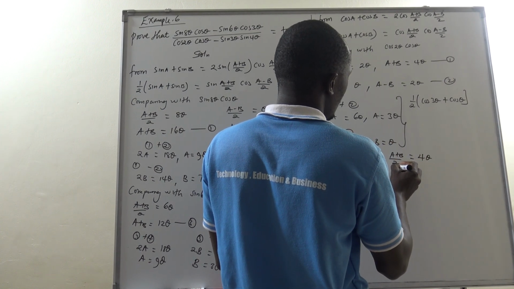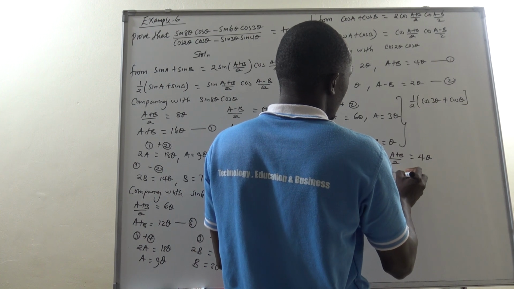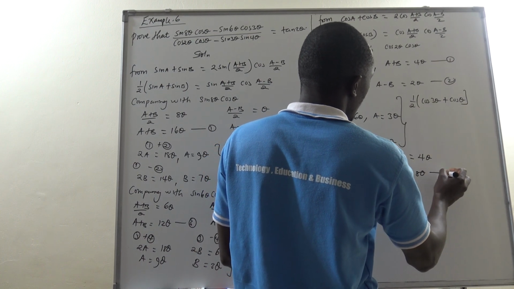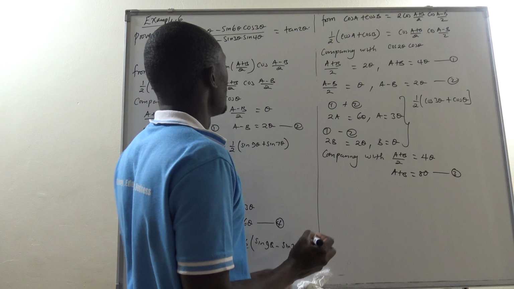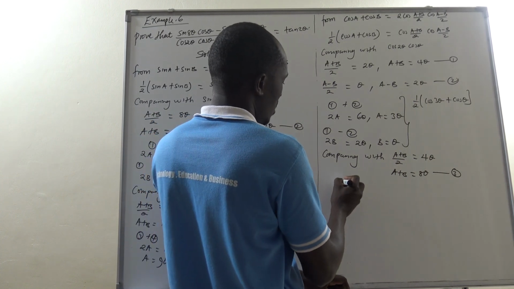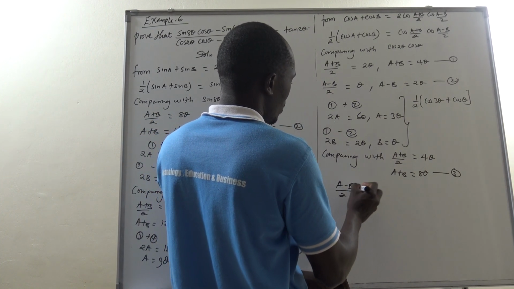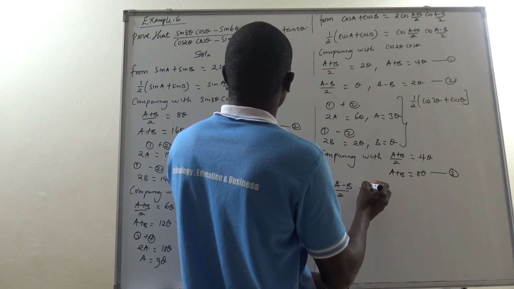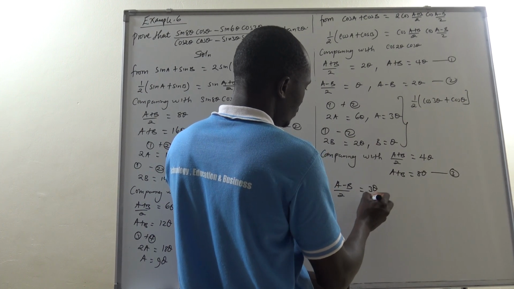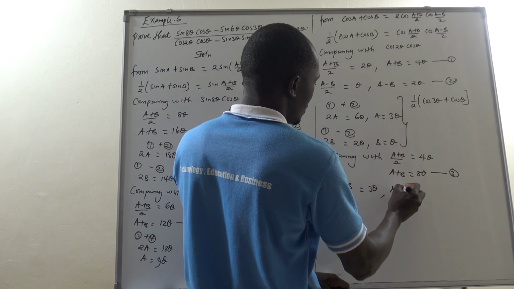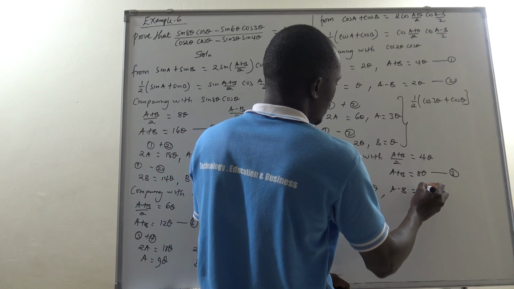So what is a plus b? A plus b equals 8 theta. This is the third equation. We'll also go a minus b by 2 equals 3 theta. It implies that a minus b equals 6 theta.